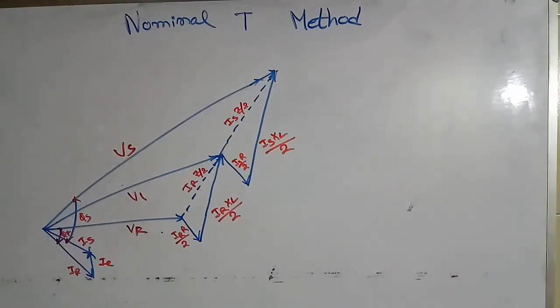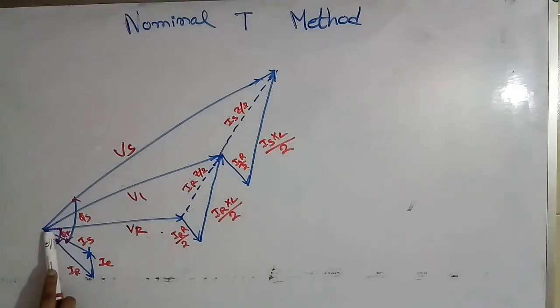Now in the nominal T method, the resistance and inductive reactance are divided into two sections. The resistance on one side of the capacitance is R by 2, and on the other side is also R by 2, and similarly the reactance on either side of the capacitance is XL by 2.